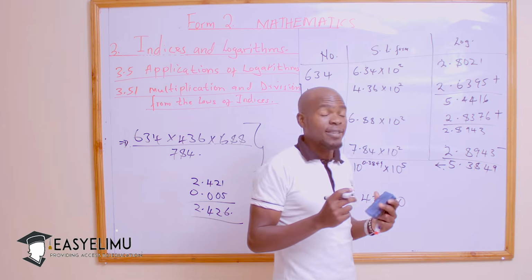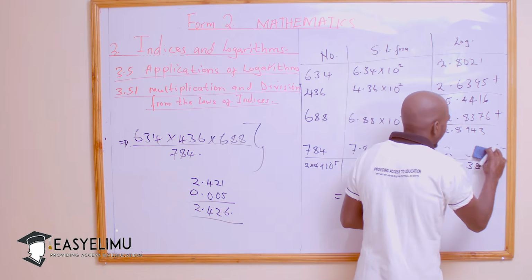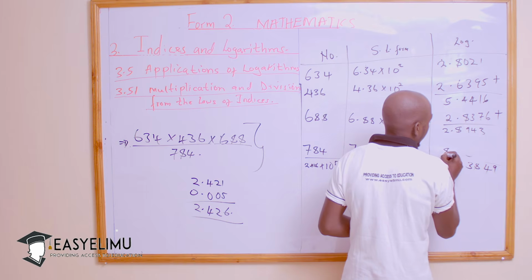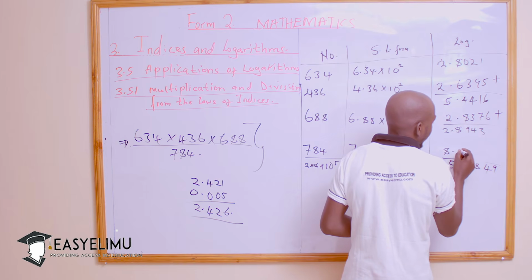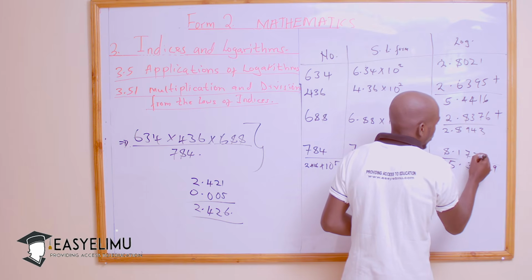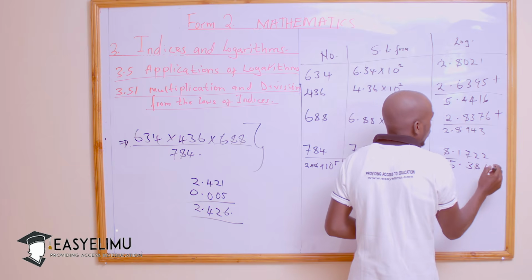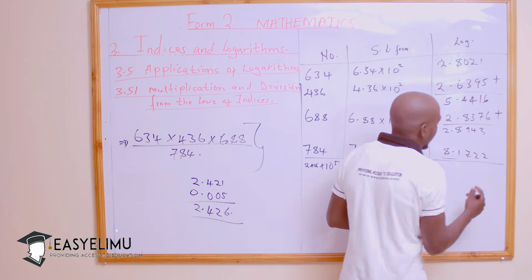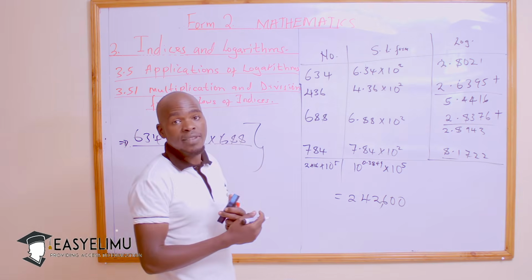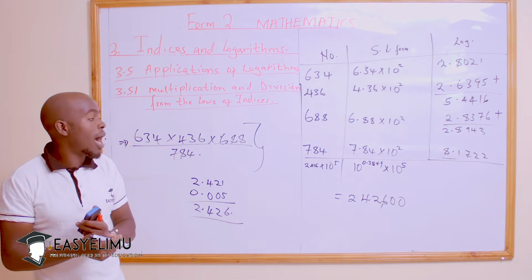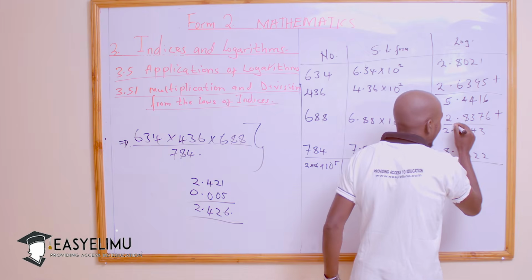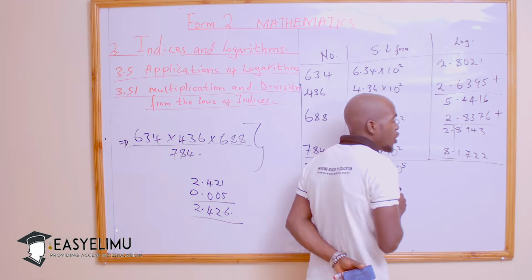I'm saying this is an example. And here you had, for example, 8 point, let's say, 1722. If that was the case, then you can see that the characteristic part there, the denominator, is much more than the numerator. So what do you do? You just subtract the mantissa as normal.